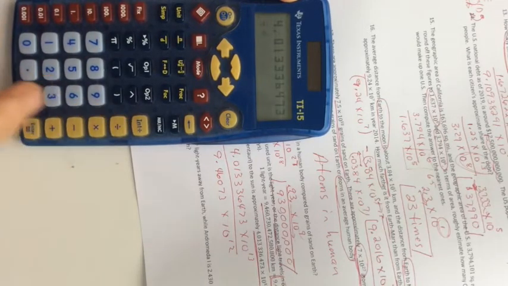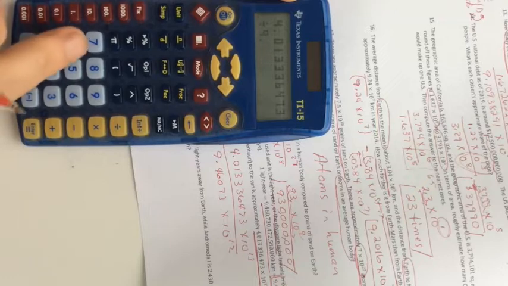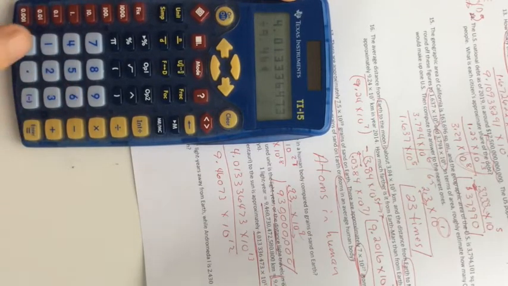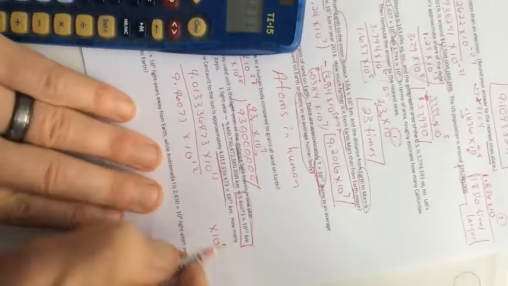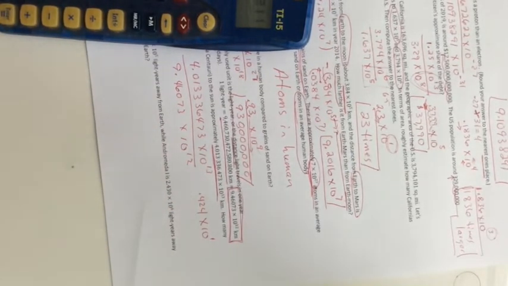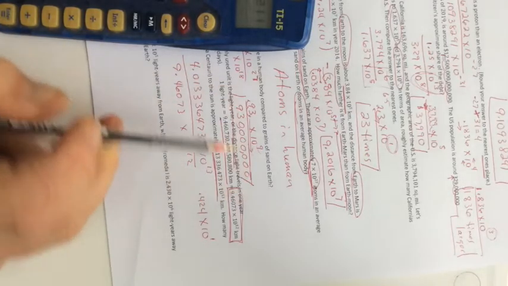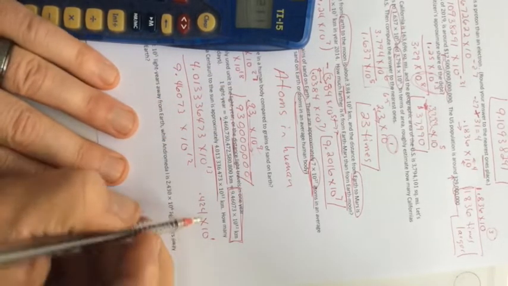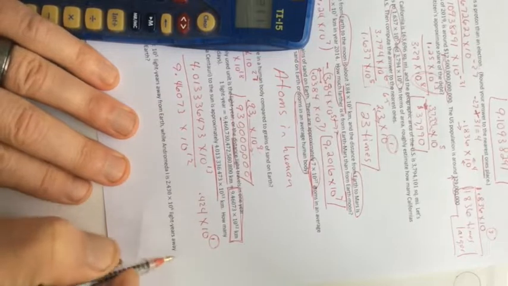4.013336473 divided by 9.46073 is 0.424. Okay, so let's not leave that in scientific notation because they want to know how many light years that is. So that means move it 1 spot so it's bigger.